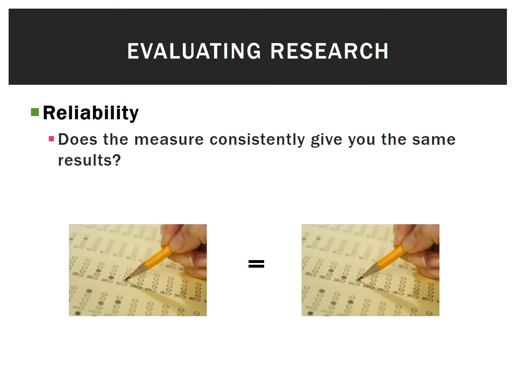pretty close. So if an IQ test gives me a score of 80 at time 1 when I take it, 150 at time 2, 112 at time 3, it's nowhere near reliable. It's all over the place with the scores that it's giving you. Versus if you take an IQ test 3 different times during the year, and it gives you scores of 102, 105, and 101, that's pretty reliable.